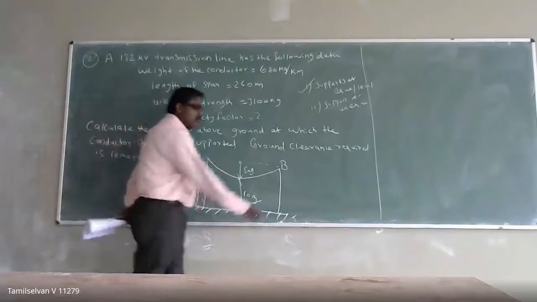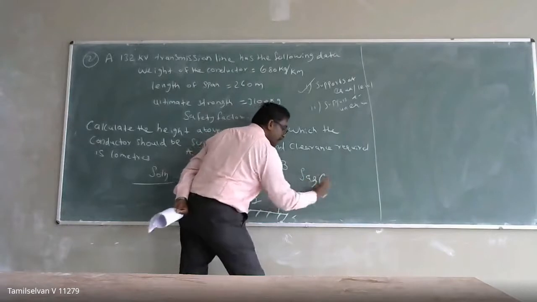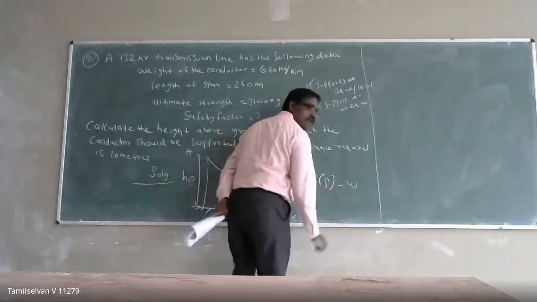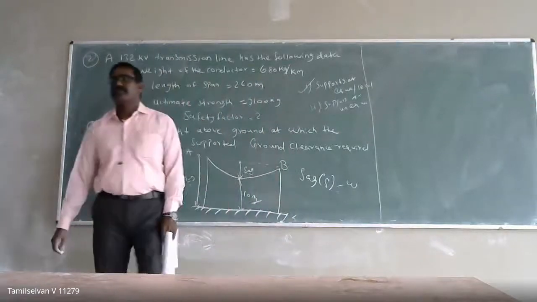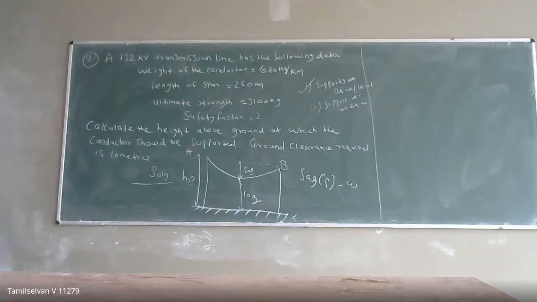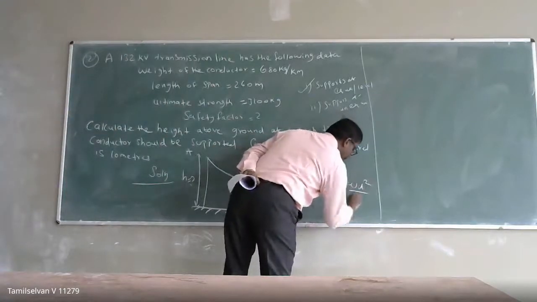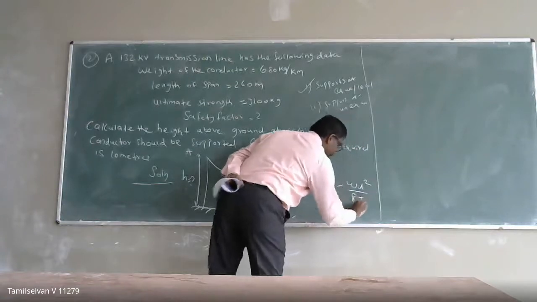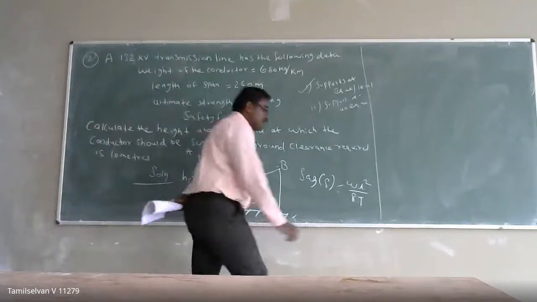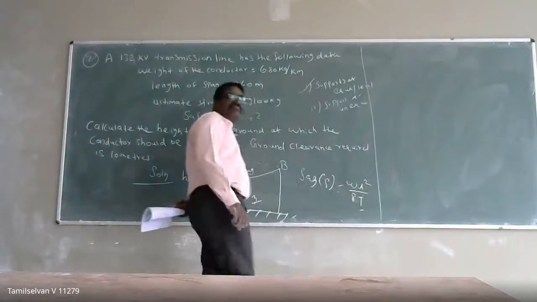Supports are at equal level. So for supports at equal level, the sag S is equal to W l square by 8T, the expression we have derived, where T is the tension, W is the weight of the conductor, and l is the length of the span.